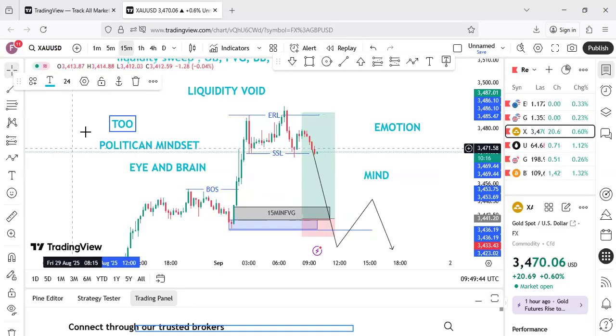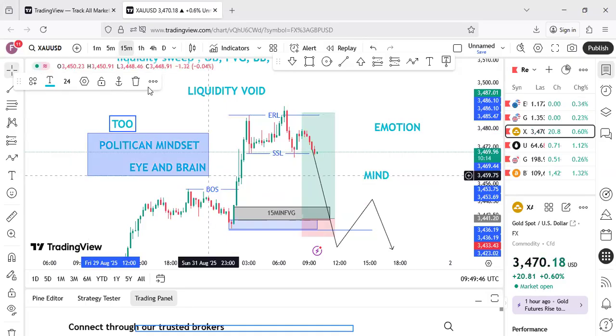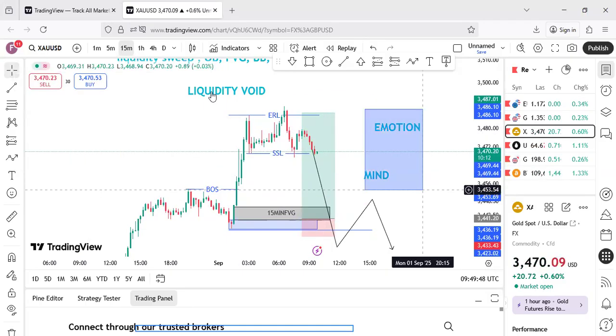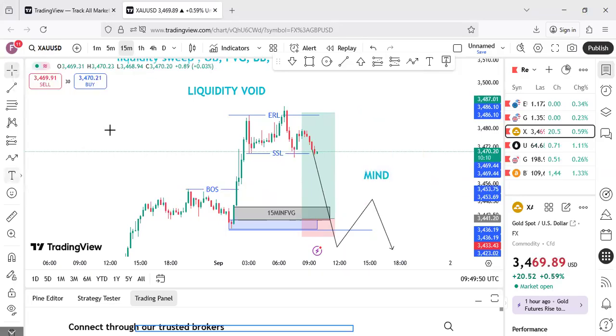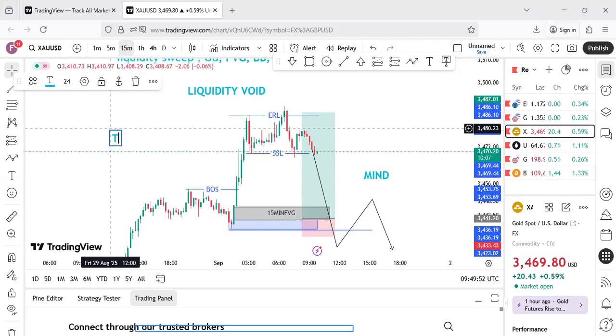Where price moves too quickly, leaving no meaningful structures or trading activities.